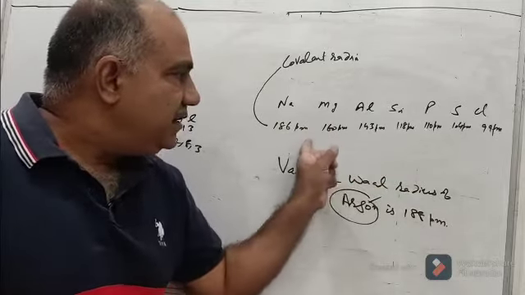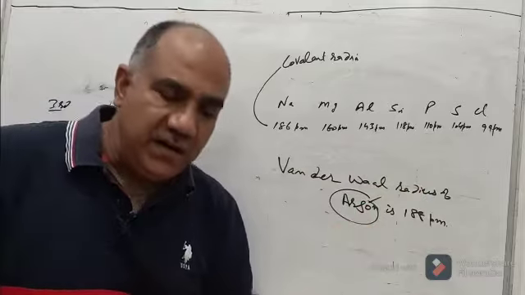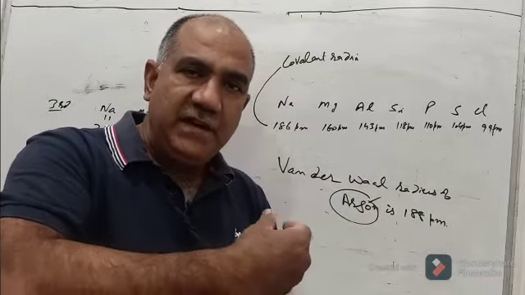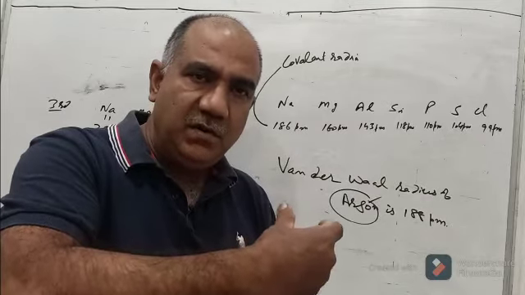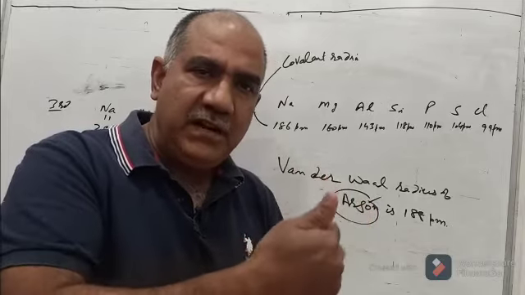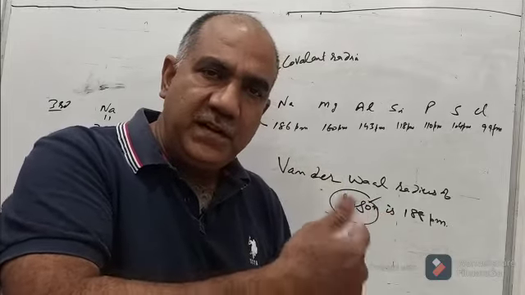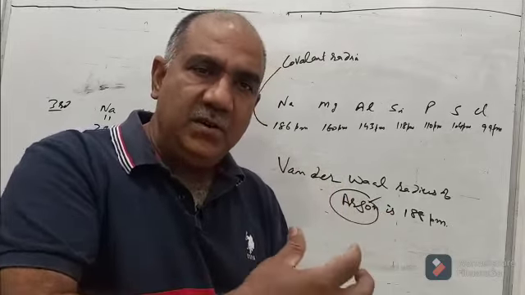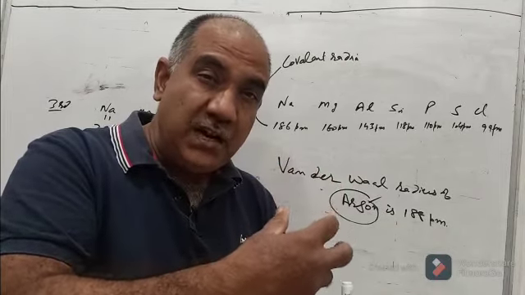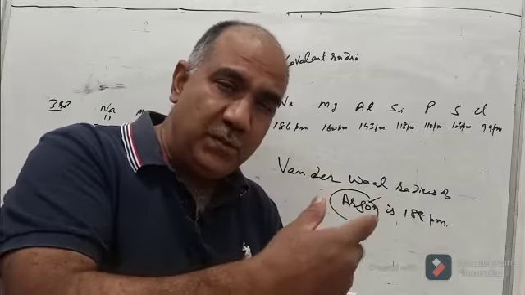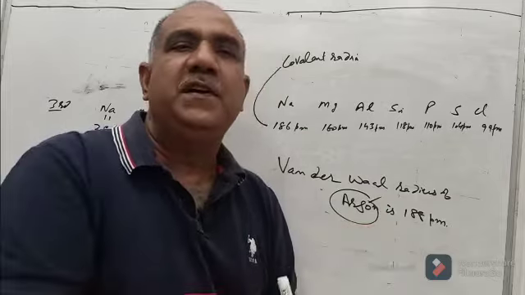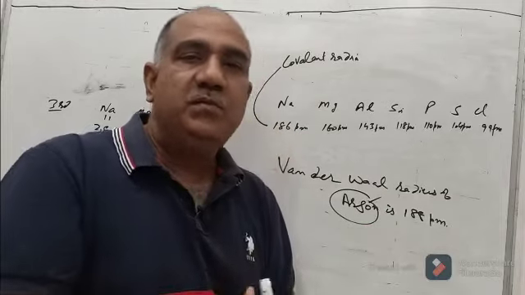This we have seen, the values are given, and I have already told you why it should be so. From left to right, we have arranged elements in the consecutive order of increasing atomic numbers. At every next step, you will have one more proton present, and also one more electron. So the increased charge of the nucleus will draw the outermost orbit closer to itself, because it establishes a stronger force of attraction between the nucleus and the outermost orbit.